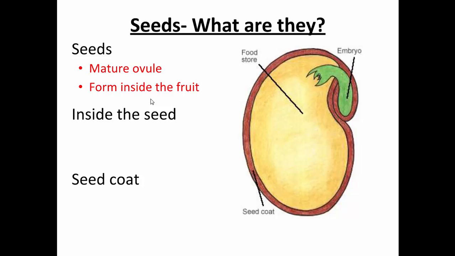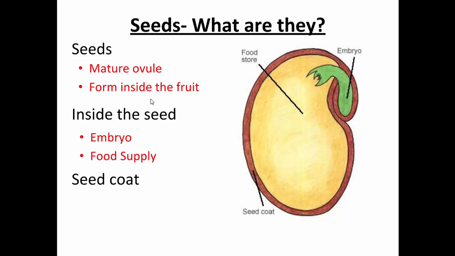So inside of a seed, there are a few things. There's the actual embryo of the plant, basically a tiny baby plant inside of a seed. Then you have the bulk of the seed, which is basically stored food, stored energy, often a starchy substance.